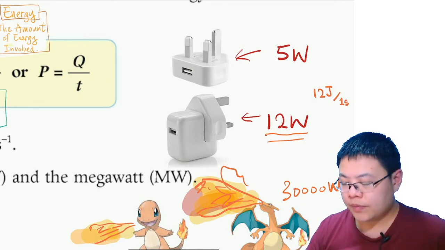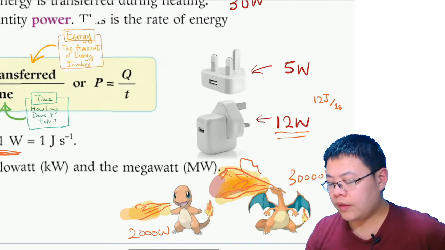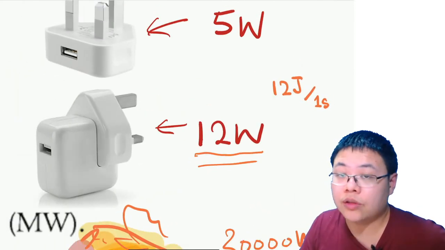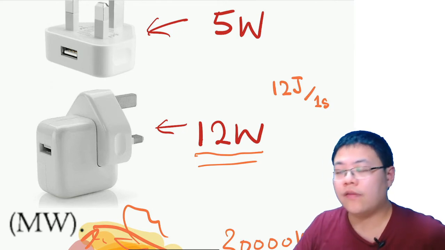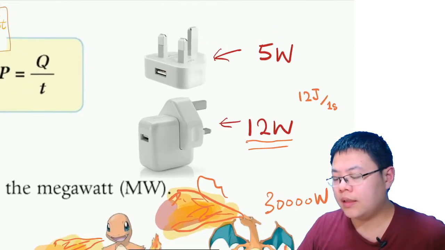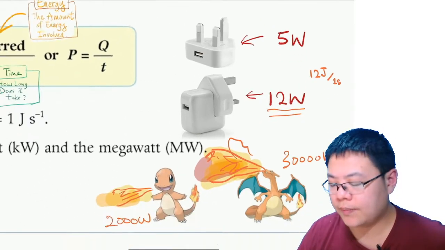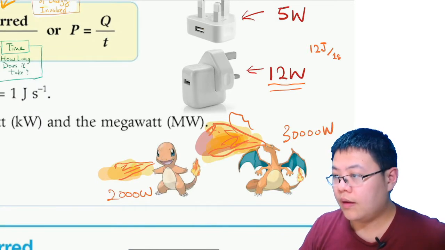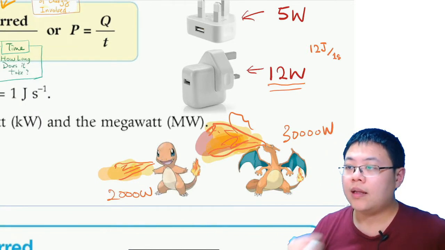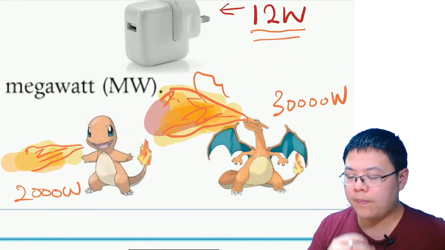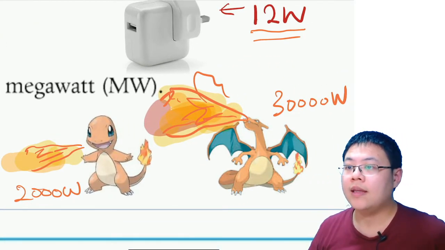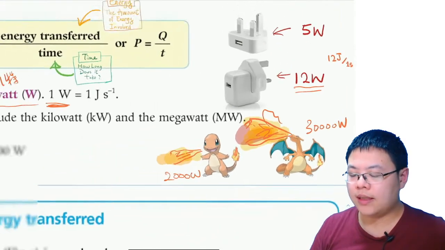So if it takes 10 seconds to charge up, it will be 120 joules. Of course, it's much longer, but it is as simple as that. It means if you deliver more energy per second, then the power is larger.